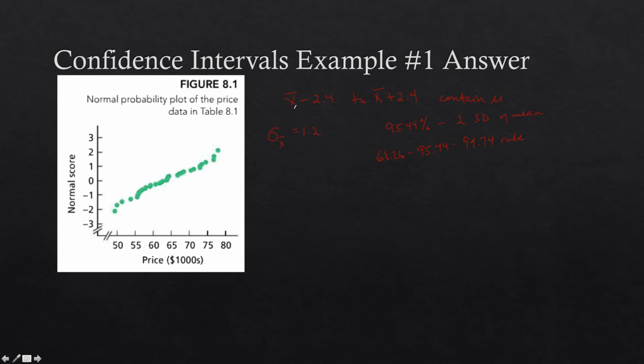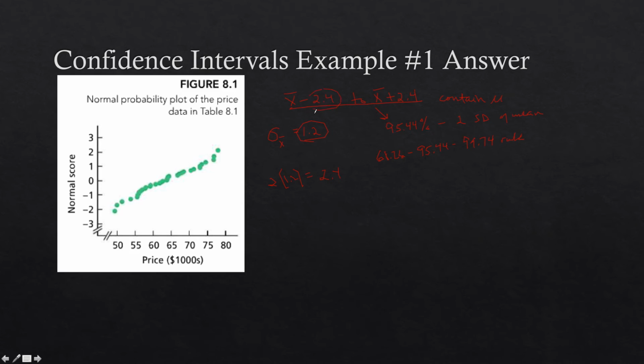So, we want to know if this is 2 standard deviations, because if it is, then yes, this is true. 95.44% are from x bar minus 2.4 to x bar plus 2.4. Well, how do we do that? What's the standard deviation? So what is 2 times 1.2? Well, it's 2.4.